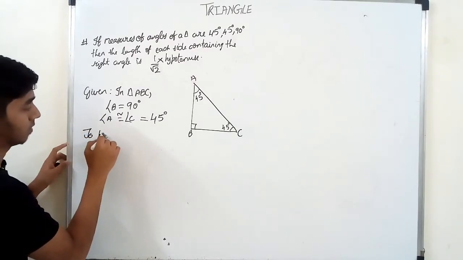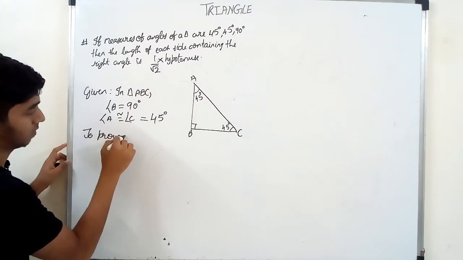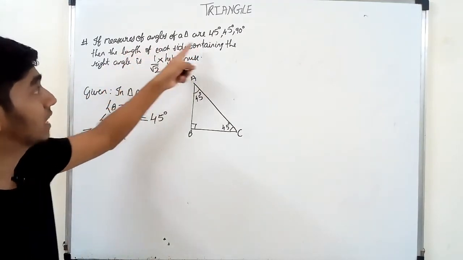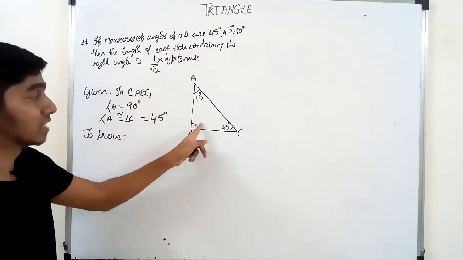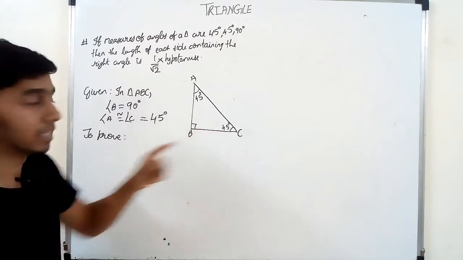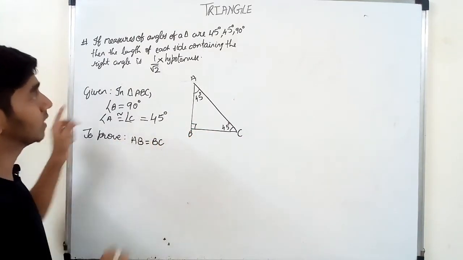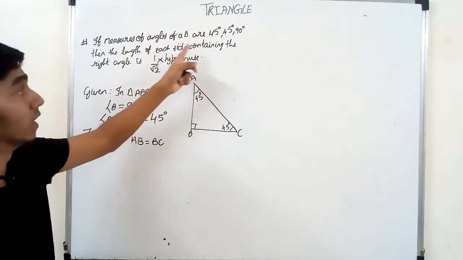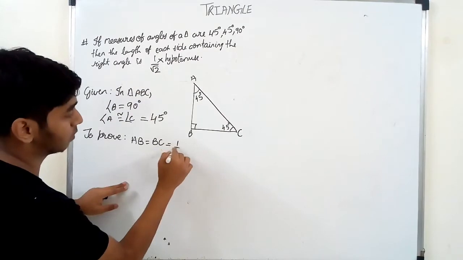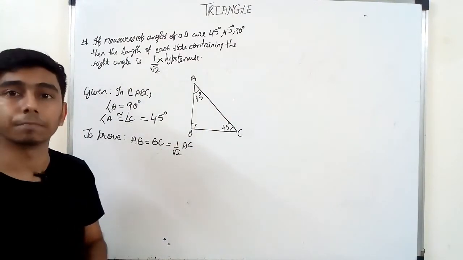Now what is to be proved? Let's see. To prove that the length of each side containing the right angle, so this is the right angle and the sides containing the right angle are AB and BC. We have to prove that AB and BC are both equal to 1 by root 2 of the hypotenuse, which is AC.